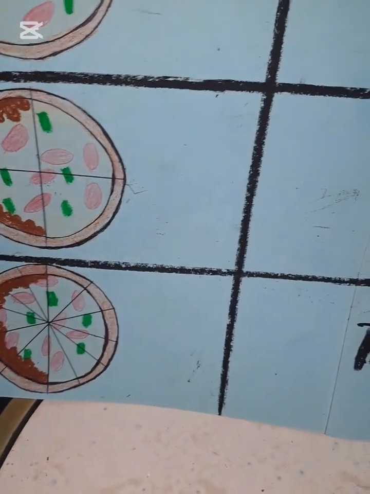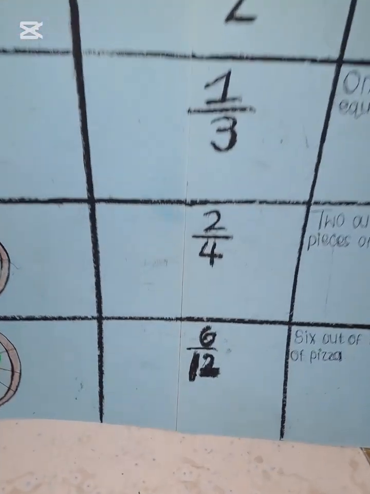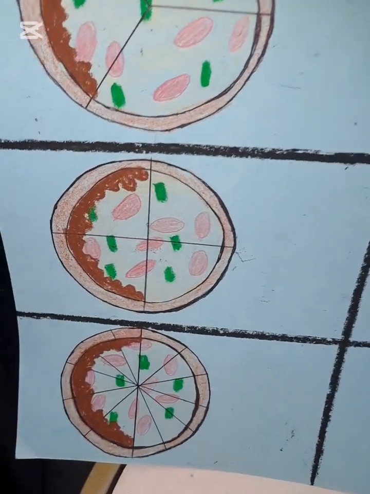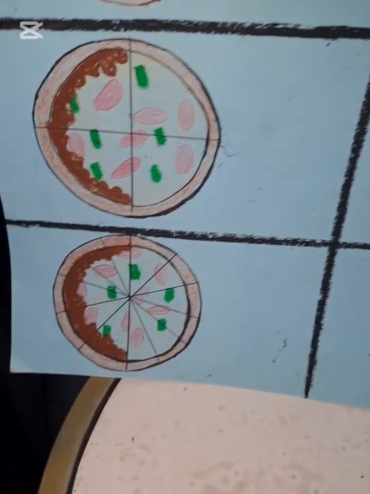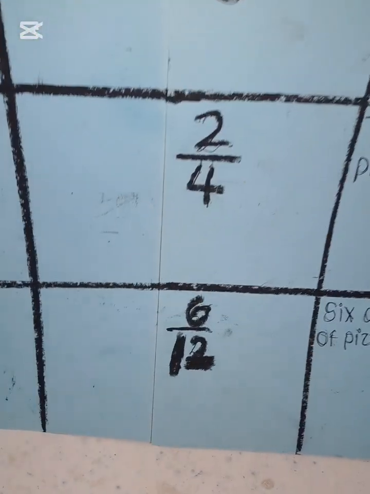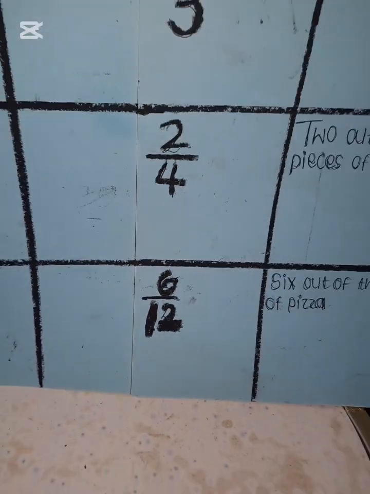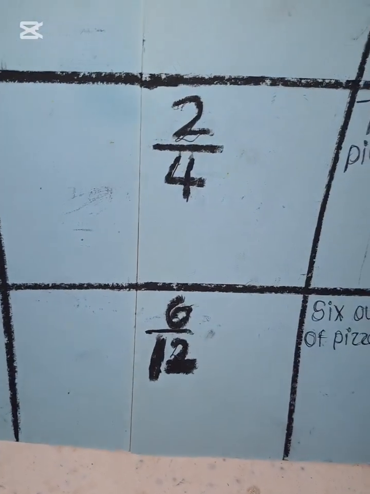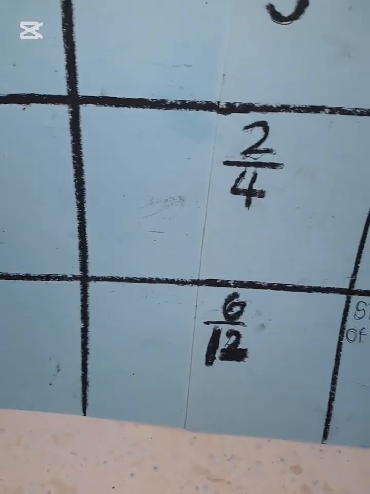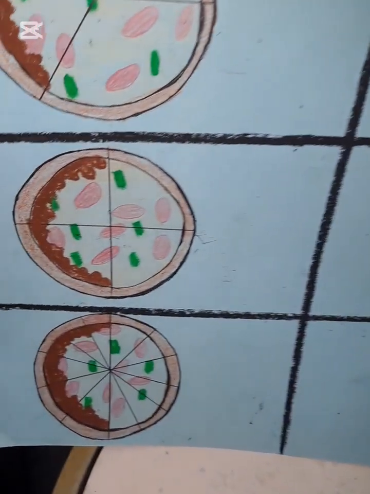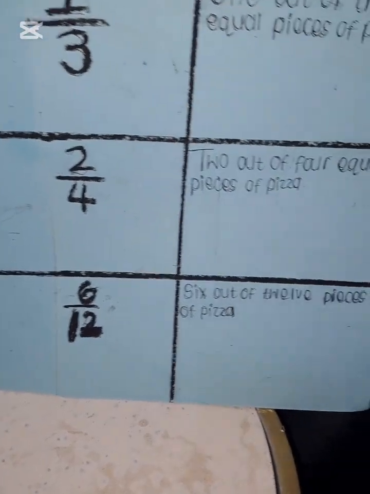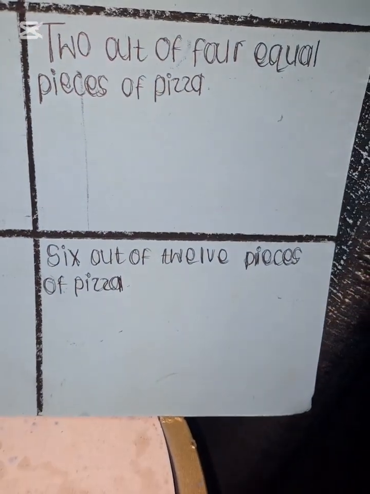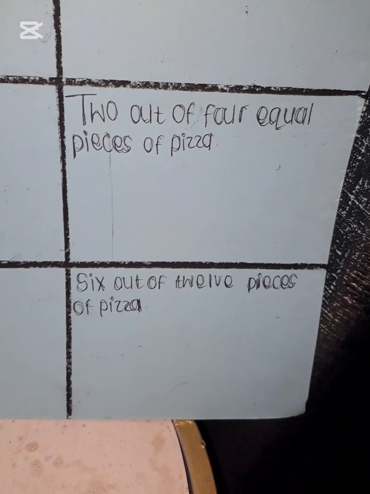So therefore, our fraction represents 6 out of 12, showing how he has shared the 6 pieces from the 12 pieces that he already had. Therefore, the 6 represents the numerator, which is the 6 that he gave Mrs. Numerator, and then the 12 represents the 12 pieces he initially had before he shared with Mrs. Numerator. Therefore, it shows us that there are 6 out of 12 pieces of pizza.